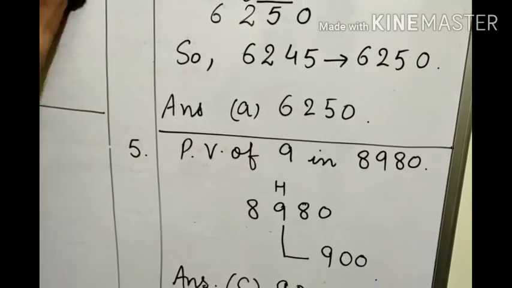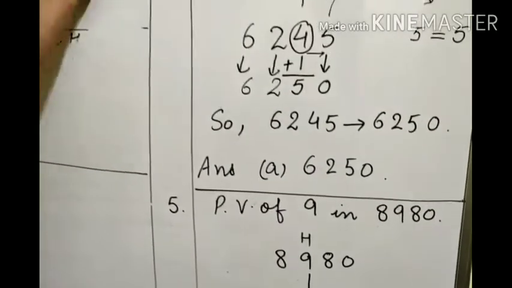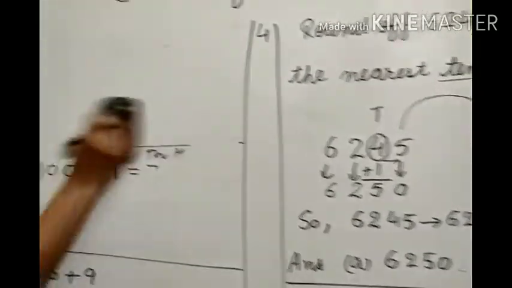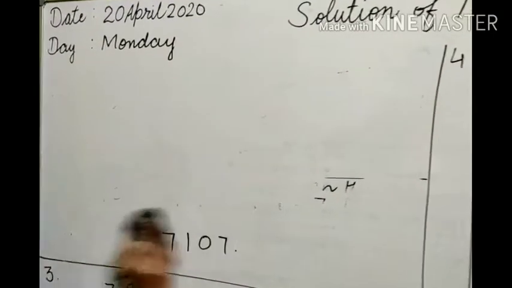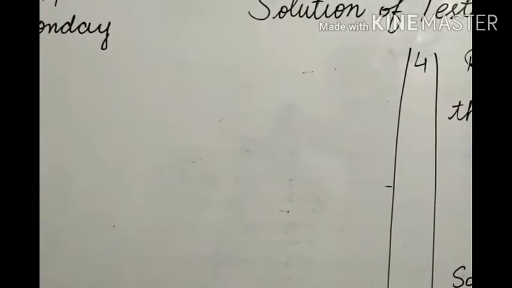Now take question number 7. Question number 7 is: write the Roman numerals for 54. The number is 54.